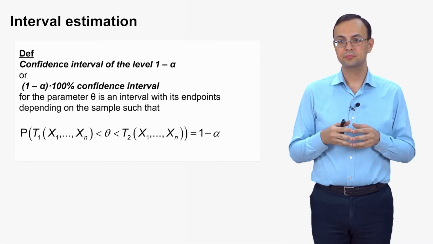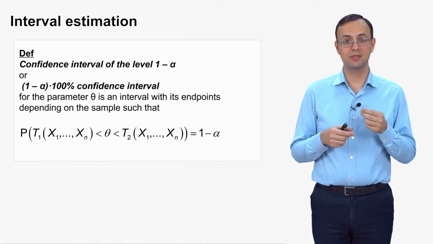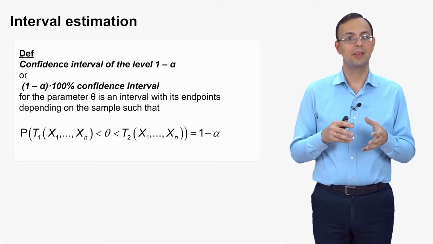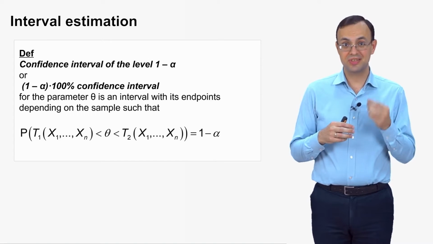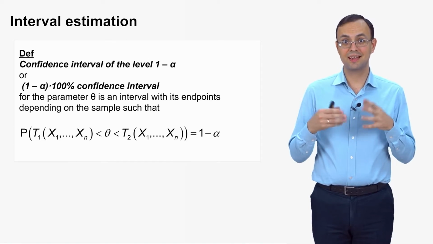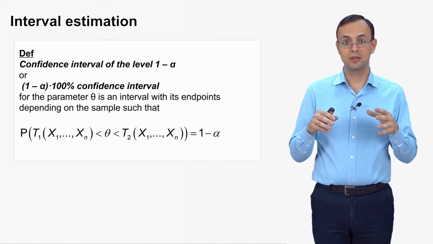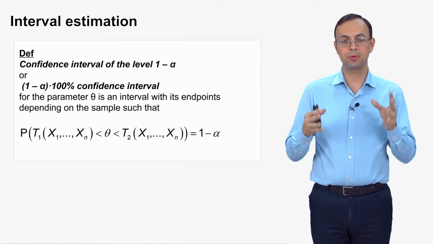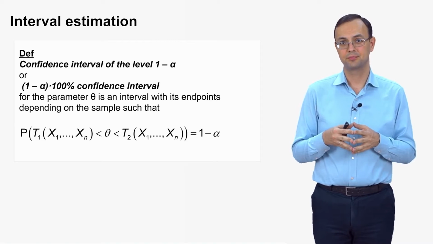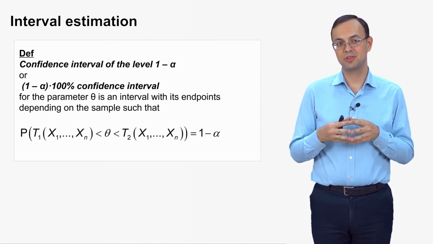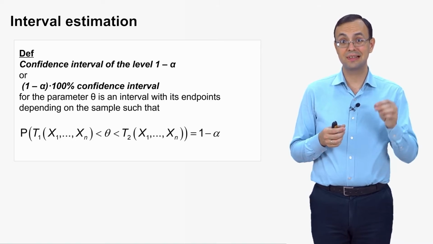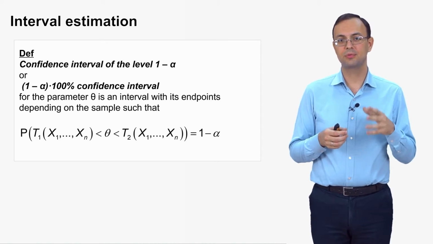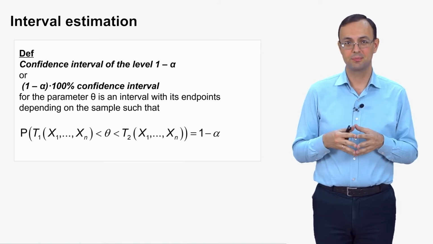So, for example, confidence interval of the level 0.95, or that is the same 95% confidence interval, is such an interval that covers unknown parameter with probability 0.95. So with probability 0.95, the parameter is inside the interval, and with probability 0.05, outside of it.